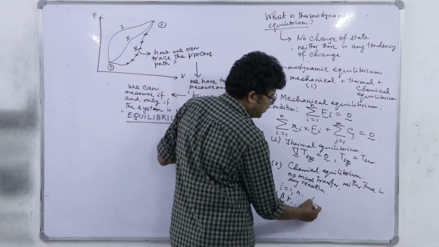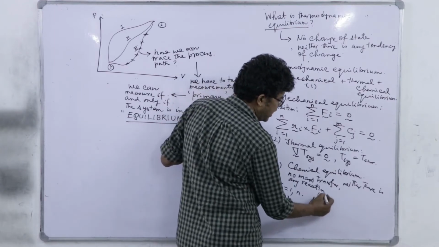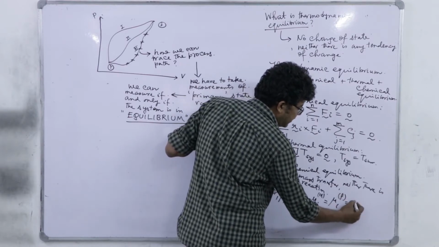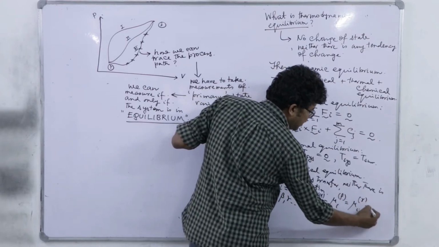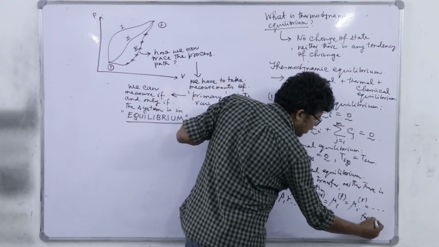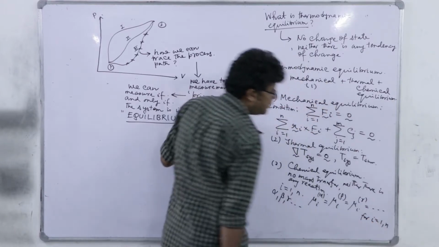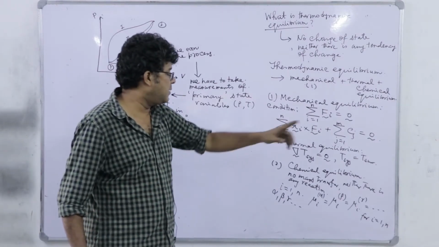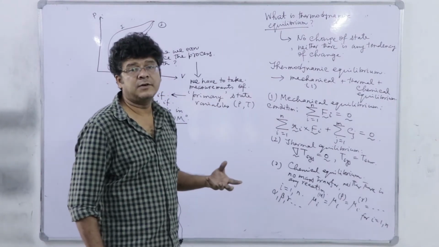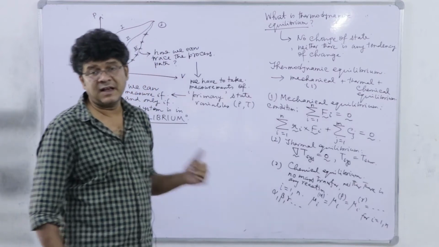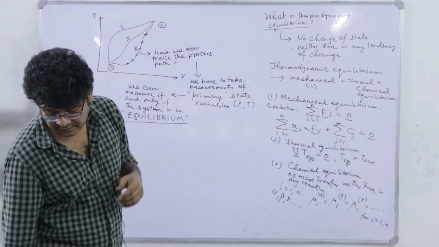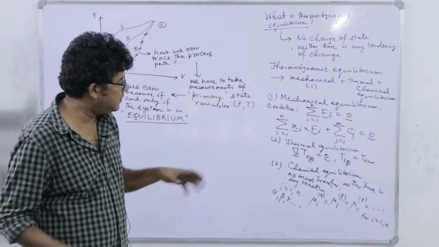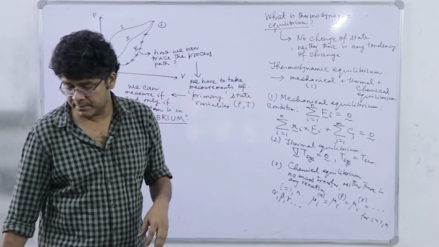So, mu i alpha is equal to mu i beta is equal to mu i gamma, and so on, for all i equal to 1 to n, is the condition of chemical equilibrium. So, the chemical potential of each individual component species in all the phases must be the same. That is the condition for chemical equilibrium.